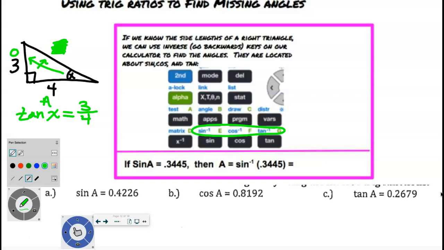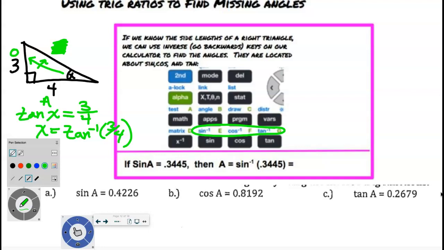Okay? What you do is you say, well, then x would have to equal, and you're going to do what's called the inverse of tangent. It's a way of commanding your calculator basically to work backwards, to search its database for the angle that has a tangent of 0.75 or 3/4.